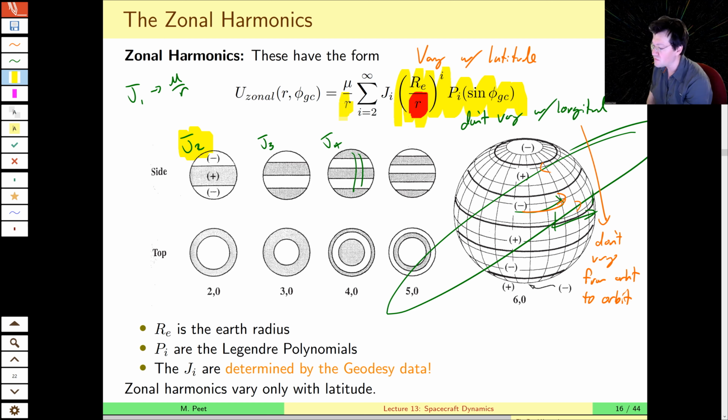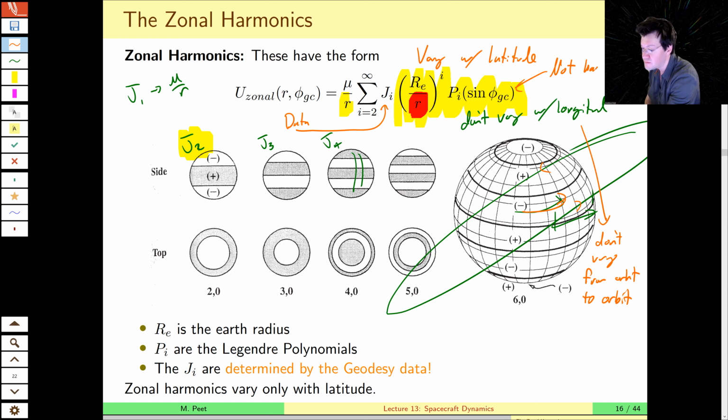So these functions over here are not based on data. We have this series expansion from 2 to infinity, and then we just find the coefficients which best fit the observations that we have. This is true for all of the harmonics. These Js, these Ji, are determined by the geodesy data. The P functions here are similar to Fourier functions. They're actually Legendre polynomials.